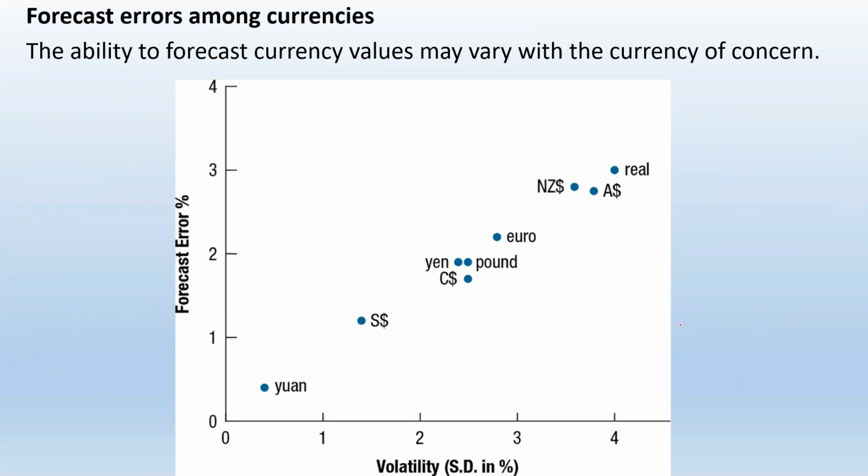And also, currencies with relatively high volatilities like Australian dollar and New Zealand dollar will have relatively higher forecast errors. Chinese yuan and Singapore dollar are currencies with relatively smaller volatility, so the forecast error will be smaller.